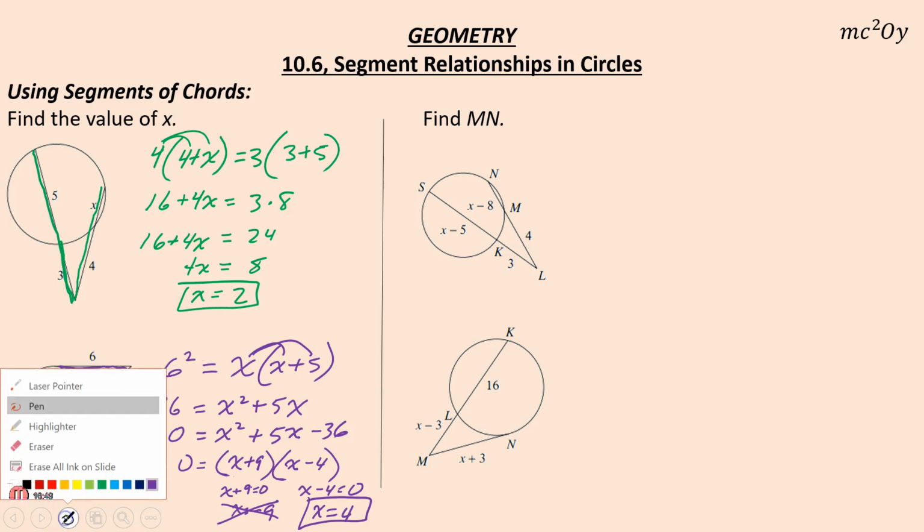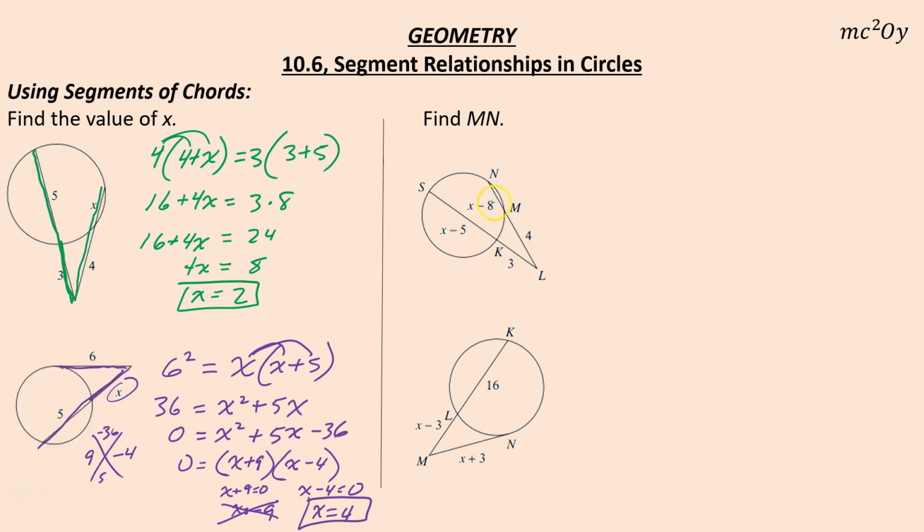All right, let's try another one here. So we're going to have 4 times 4 plus x minus 8 equals 3 times 3 plus x minus 5. All right, so let's simplify the parentheses.